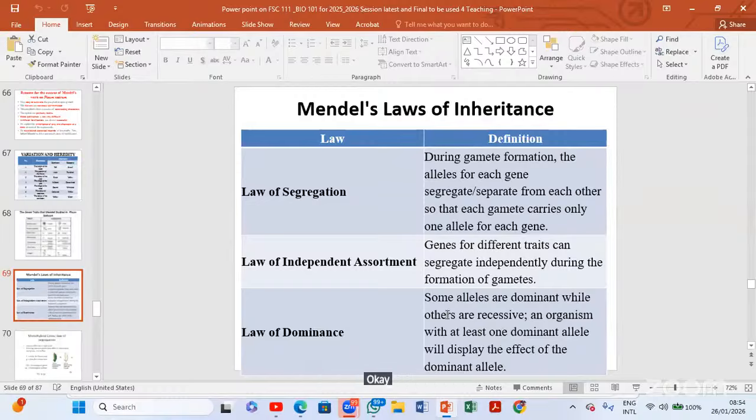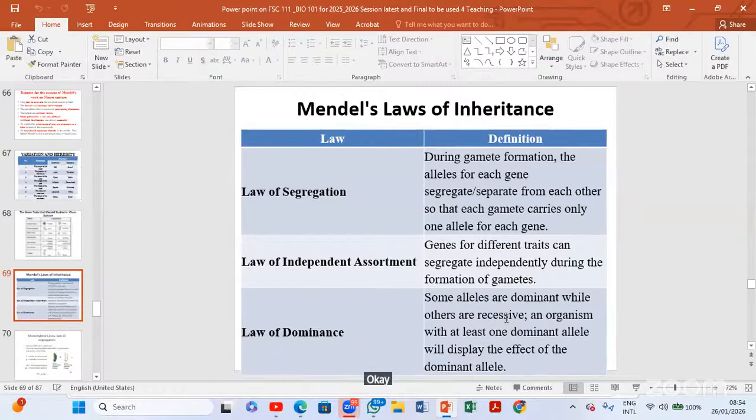Why? There are instances where alleles will neither be dominant nor recessive. There are instances where a gene will contain alleles where one is not dominant and the other is not recessive.